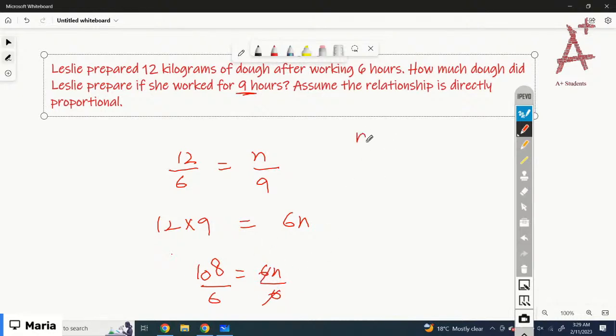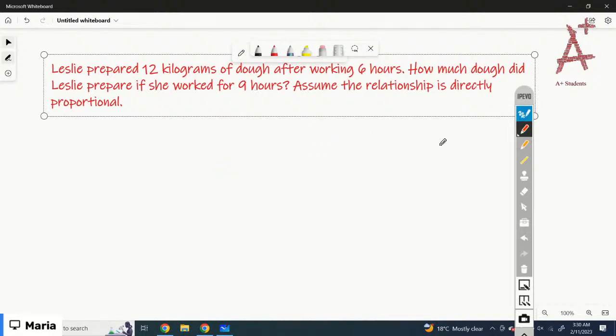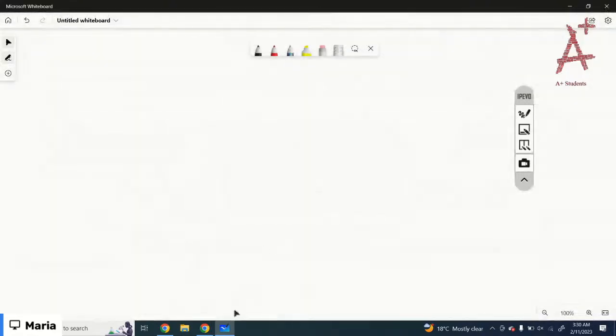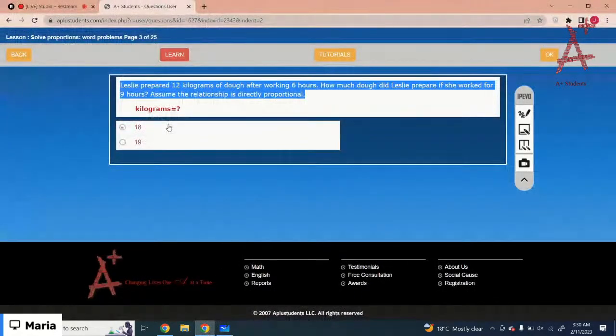So here you are left with n, and 108 divided by 6 is 18. That means if she worked for 9 hours, she will prepare 18 kilograms of dough. So n equals 18. Got it? The correct option is 18.